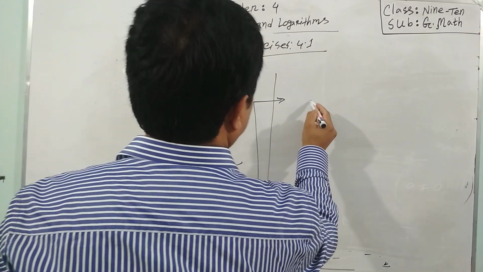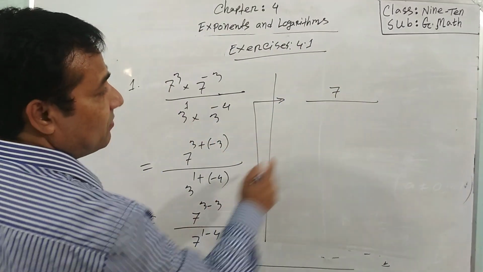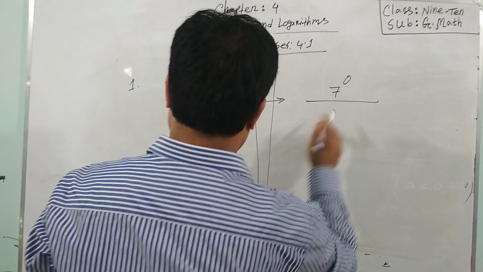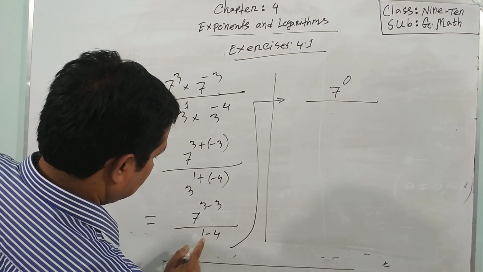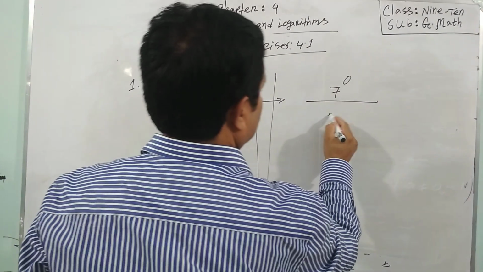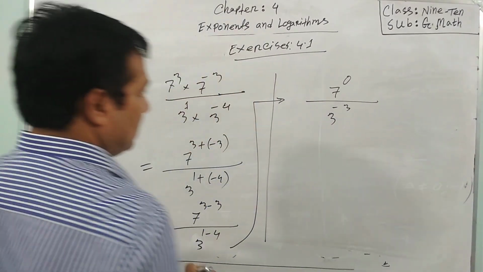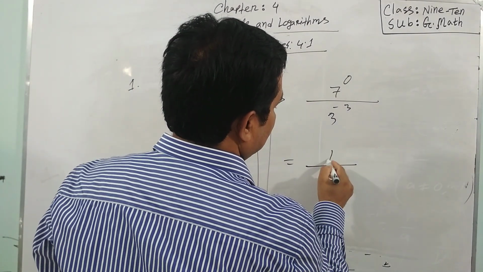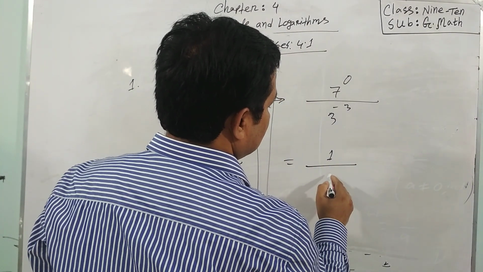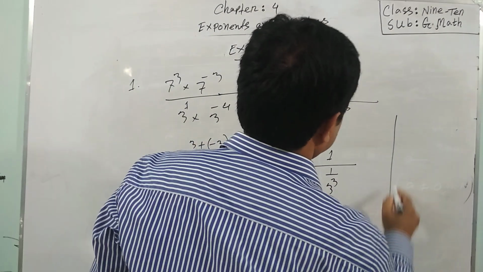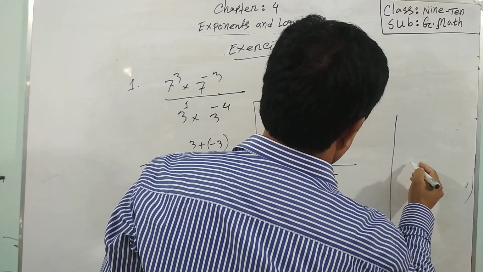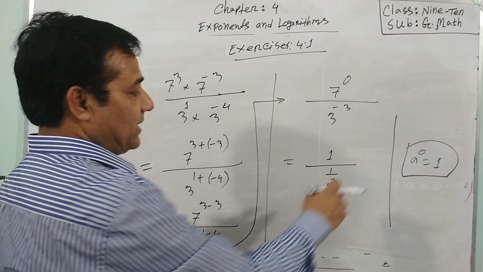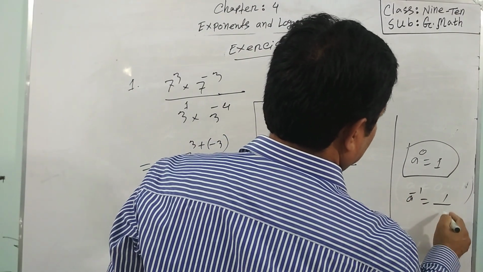Next, 7 to the power 3 minus 3, here 0, and 3 to the power minus 3 inverse, sorry, 3 to the power minus 4. 7 to the power 0 equals 1. 3 inverse is 1 by 3 cube. This is the zero index formula, a to the power 0 is 1, and a inverse 1 is 1 by a.